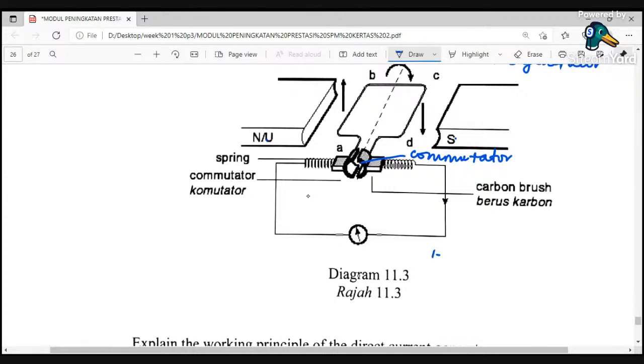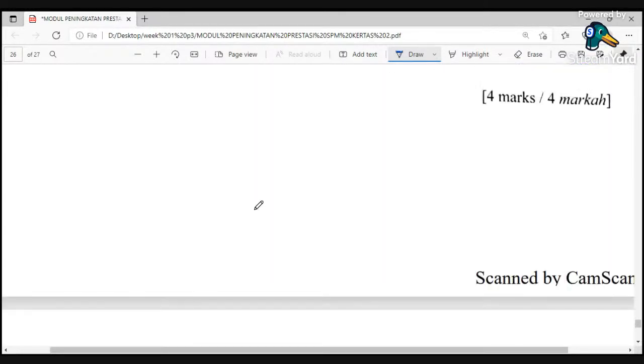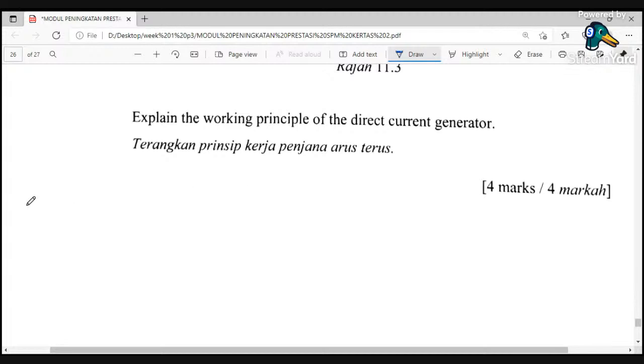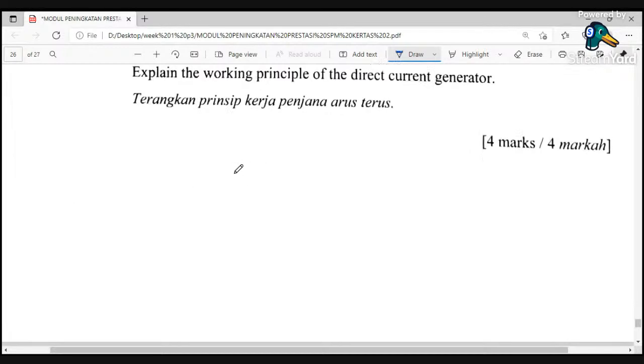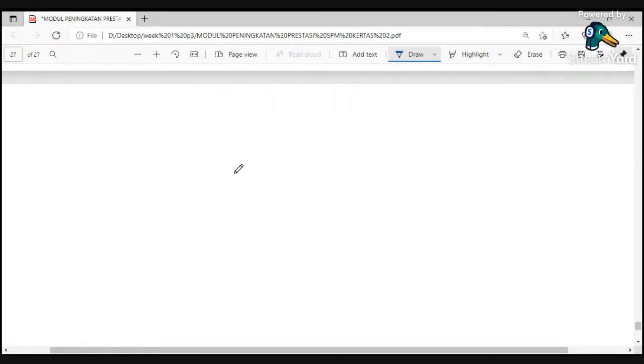Thus the pointer deflect to the same direction. Okay, so the current that produced for this one is direct current. That's why they call it DC generator. Okay, so I hope you can try to write it yourself. This one the principle of the DC generator.